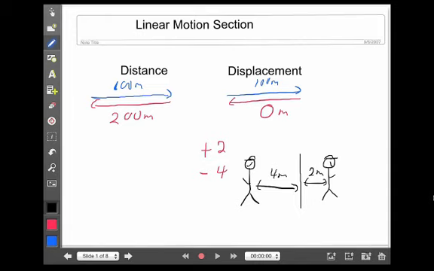But in terms of physics, because this line right here is our reference point, this direction might be considered a negative direction, while this direction is a positive direction, meaning the person on the left's displacement is -4 meters relative to that line, while the person on the right is +2 meters. Now again, 4 is always bigger than 2. So the person with the displacement of -4 meters has a greater displacement. So be careful of those vector signs.